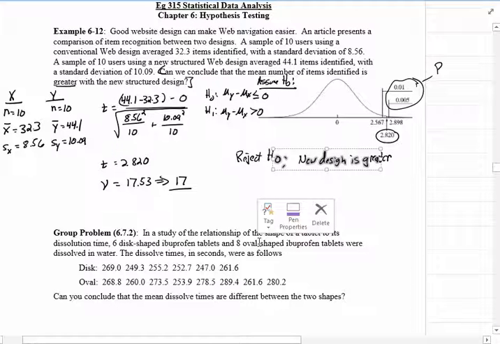So in chapter 5, we had a confidence interval and we used the alpha of 5%. We were saying, here's this interval, it's this wide, it's going to capture the mean 95% of the time. That's 5% of the time it won't, right? And that's very like what we're doing here with alpha. If alpha is 5%, then 95% of the time we will not commit that alpha error, but 5% of the time we will.